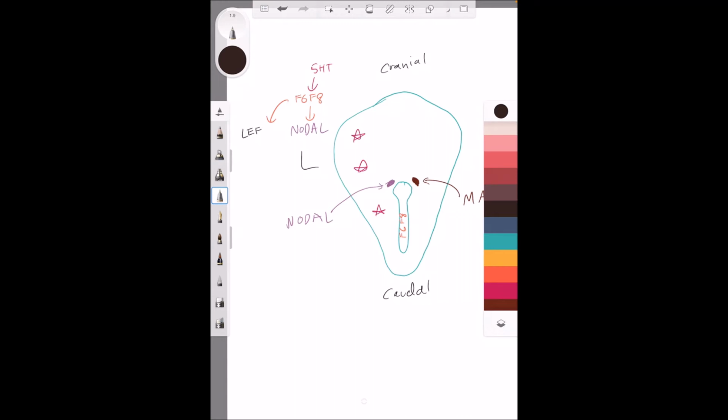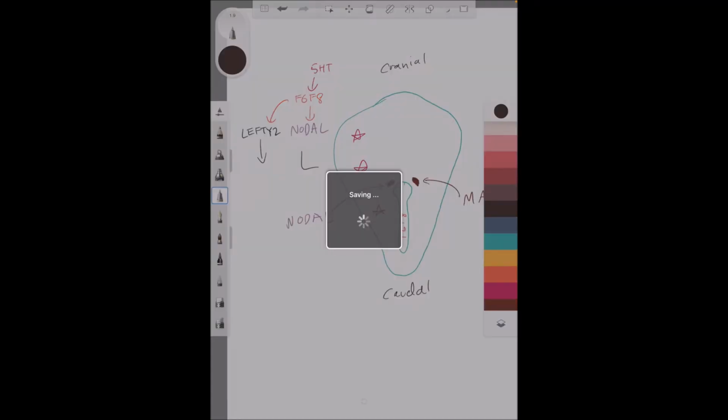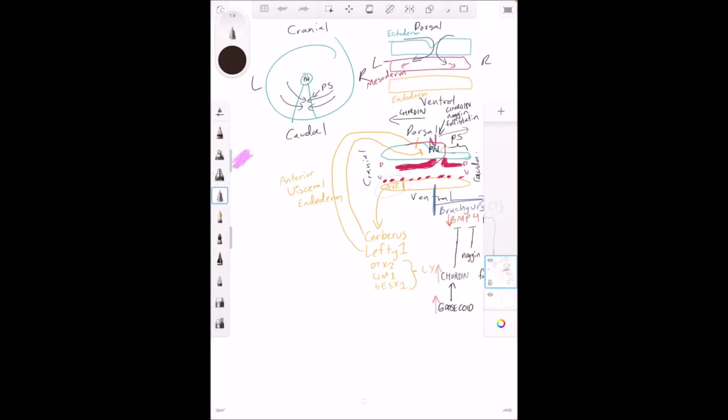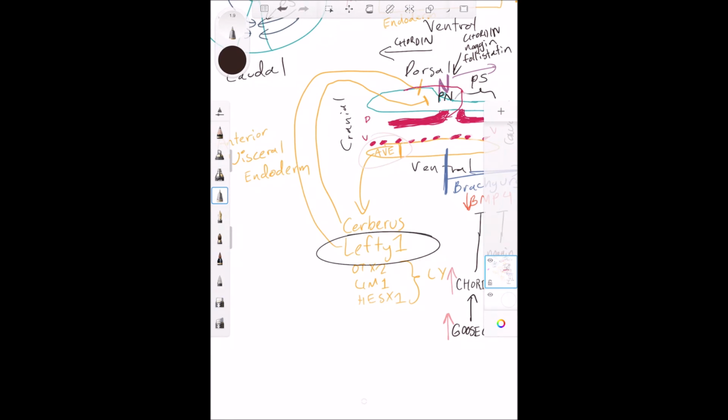lefty 2. Last time we saw lefty 1, this time it's lefty 2, and I will remind y'all of what lefty 1 was doing, because it's helpful to keep that in mind, for me at least. Lefty 1 we saw over here. Lefty 1 was being secreted in the head region by the anterior visceral endoderm to let us know that this is where the head is.